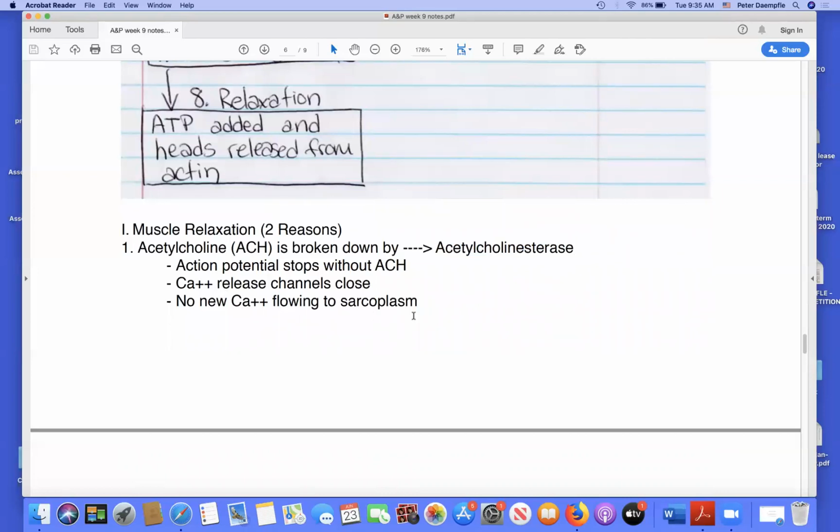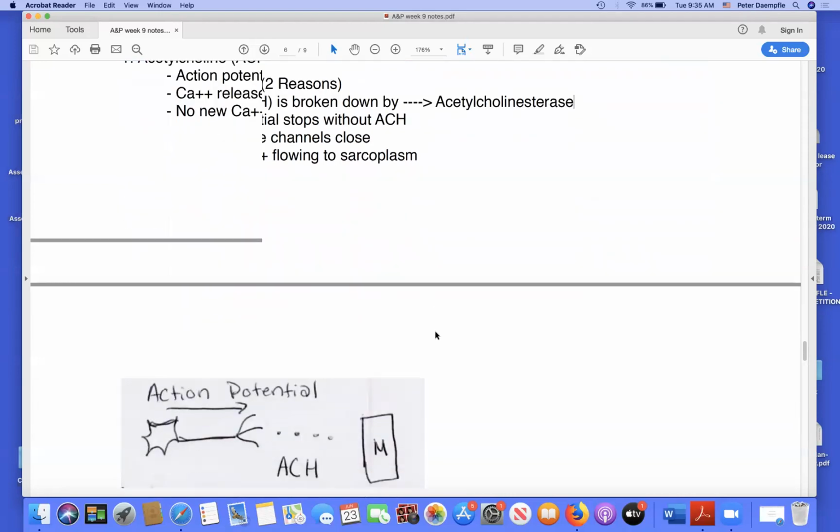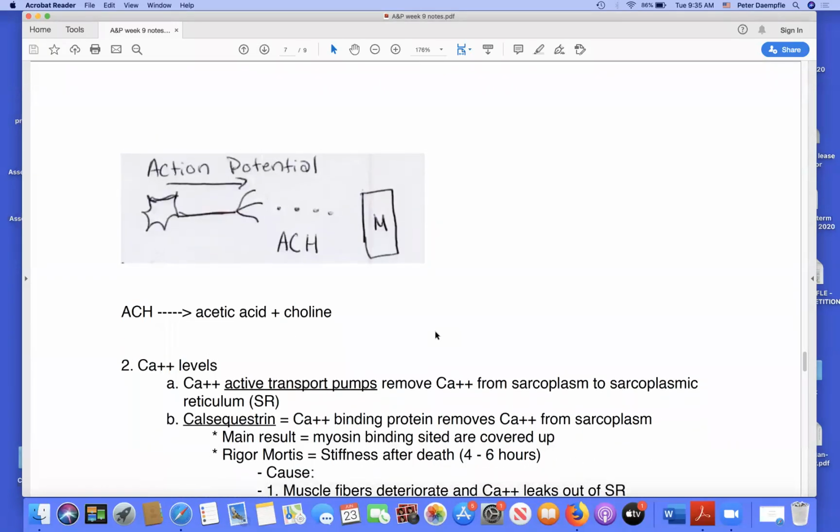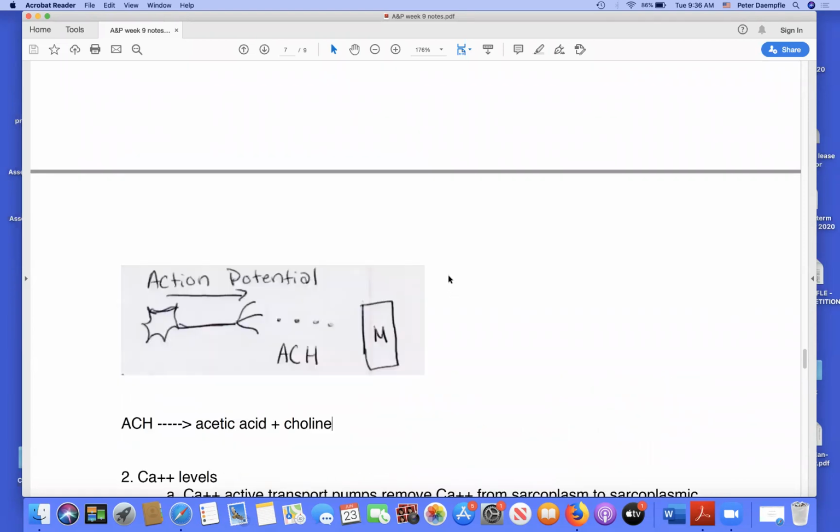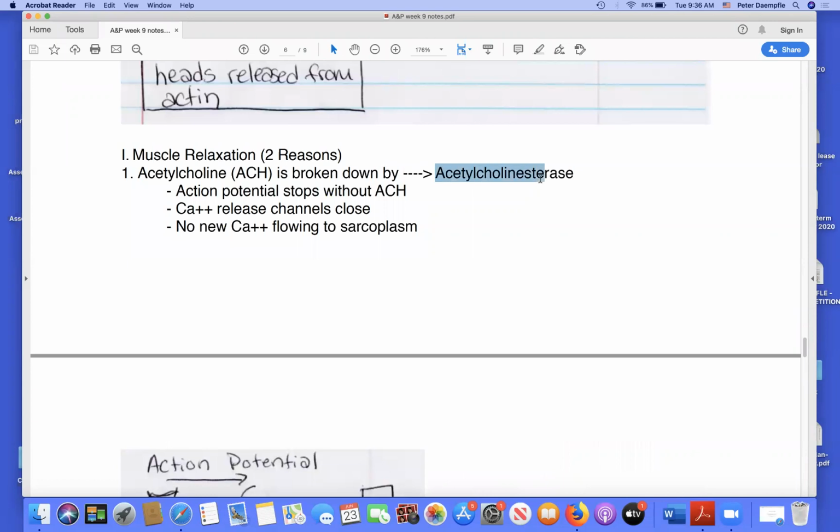So calcium release channels close, no new calcium flows in, no more acetylcholine. So this is a little picture of acetylcholine and the nerve stimulating the muscle, M for muscle. There's your little nerve. It gives off acetylcholine. You got to stop the acetylcholine. You got to break it down into acetic acid and choline, and you do it by the enzyme acetylcholine esterase.